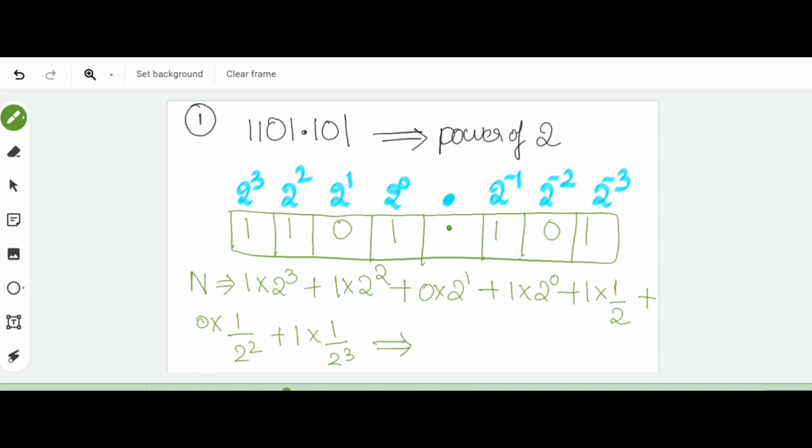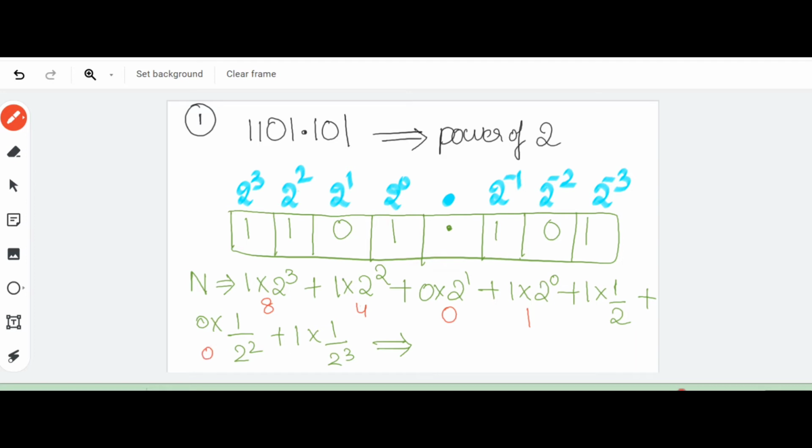If you solve this, it is 8, plus 2 power 2 is 4, 2 power 1 is 2 but it is multiplied with 0, obviously 0. 2 power 0 is 1, so 1 into 1 is 1, then 1 by 2, 0 here, and 1 by 8.